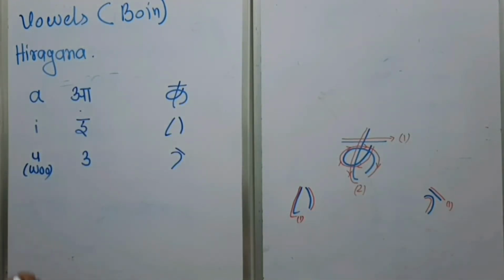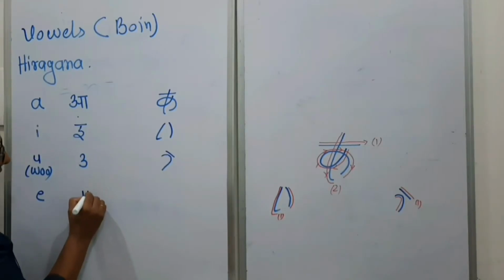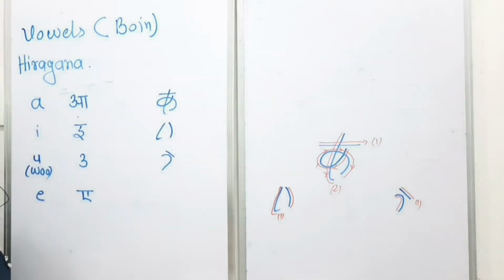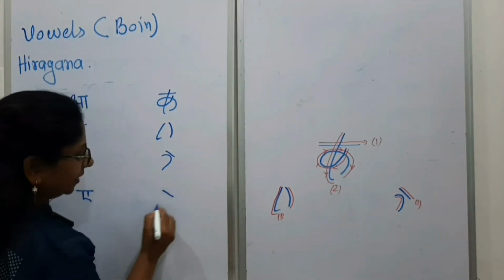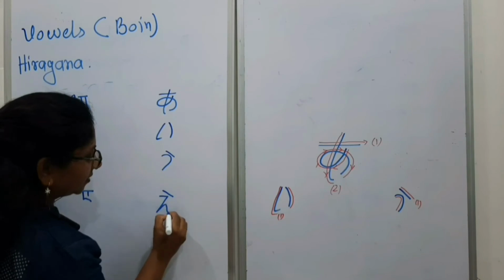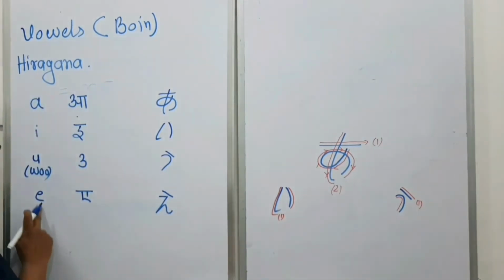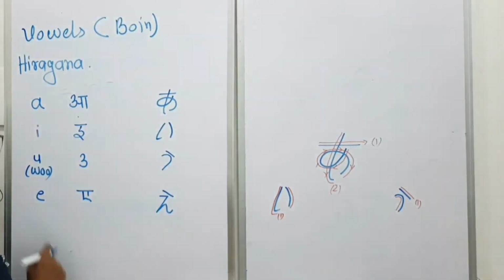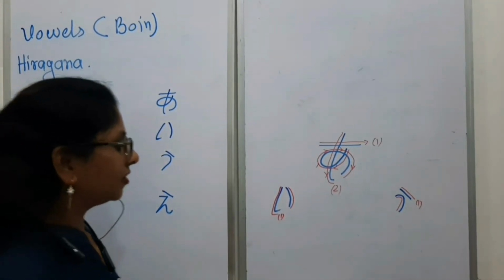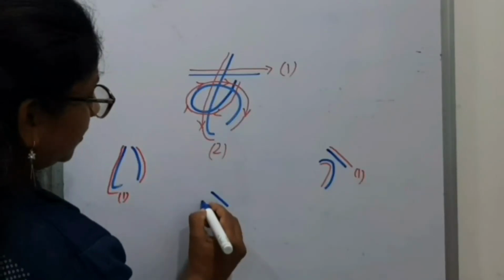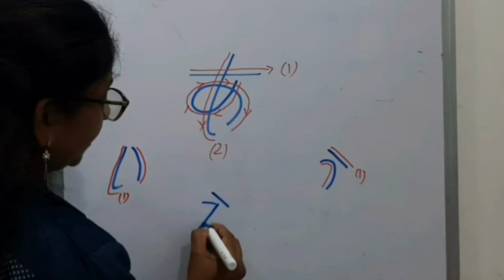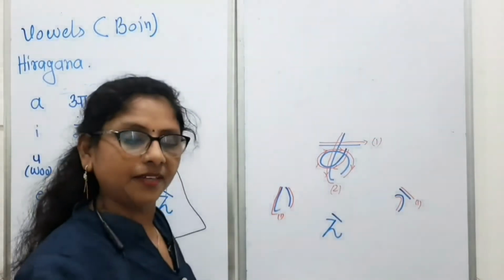Fourth is E. In Devanagari, this is how you write it. In Japanese, first a little bit slanting line and then this. If you want to understand the stroke order, first a short slanting line, then a shape like the Z in the English alphabet, a little bit like that.